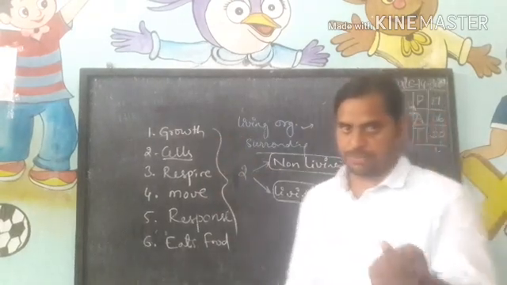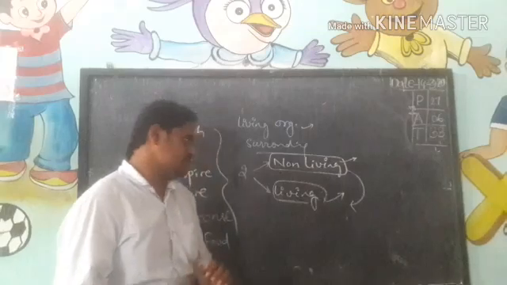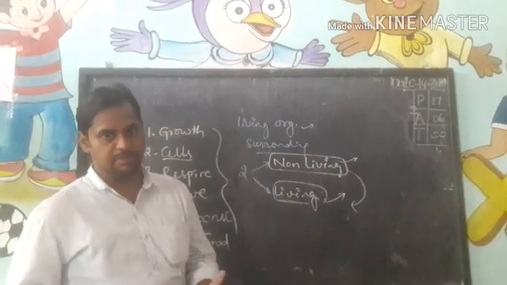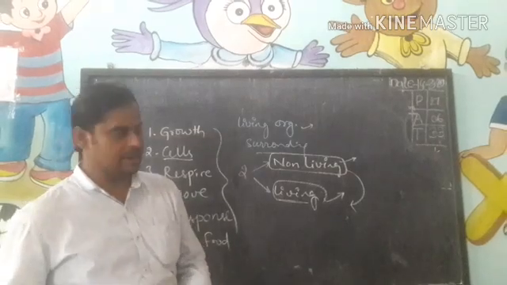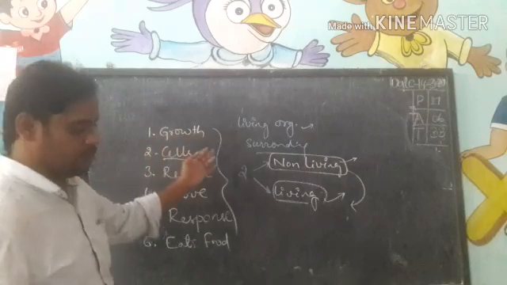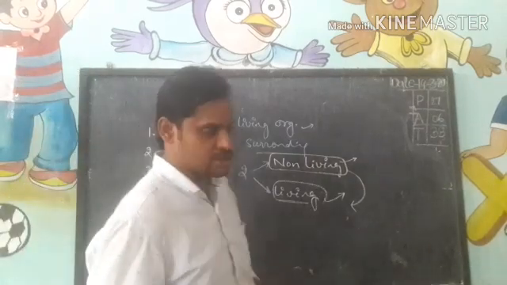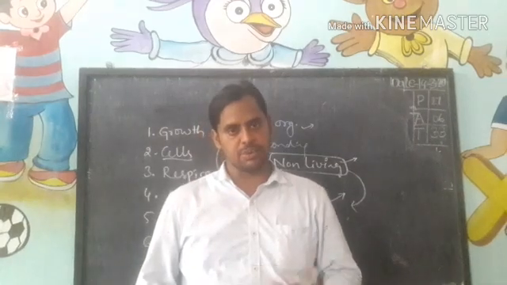Already in 5th class, in the previous video, you learned about that, and here in 6th class they discuss the same, but with somewhat more explanation. So first of all, living things grow. Each and every living thing shows growth. Plants and human beings can grow.